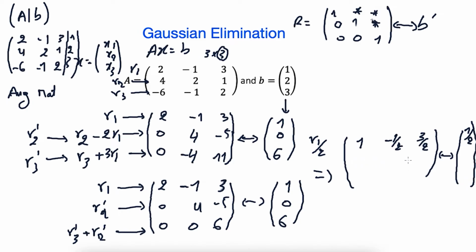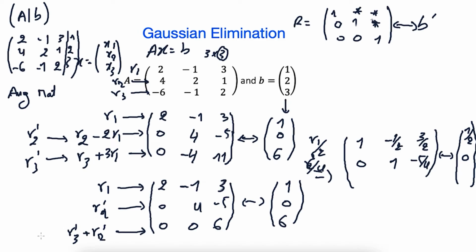And to get 1 in this position here, this is 0, and here will be R2 prime divided by 4 to get 1 here, so it will be 1, and minus 5 over 4, and here 0 over 4 is 0.